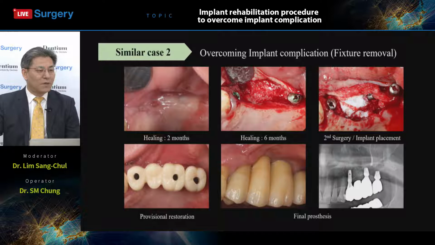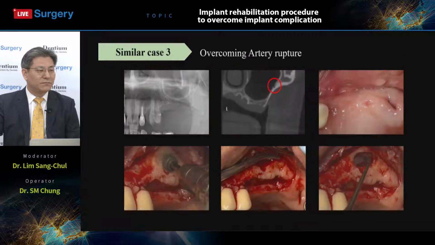Okay, so similar case 3 is about what to do if we have an arterial rupture, an actual emergency situation. If we have an arterial rupture, squeeze the ruptured artery with a hemostat.